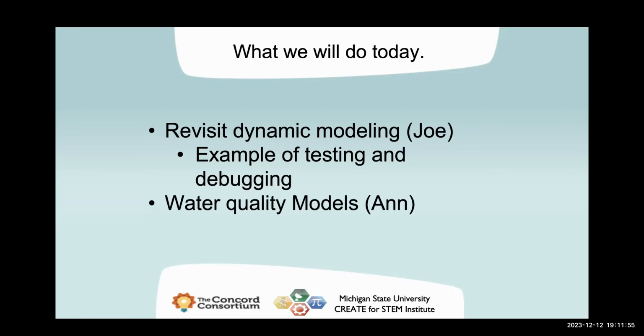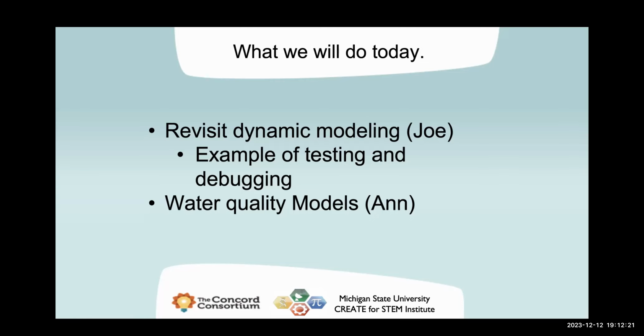The reason why is that dynamic modeling, because of its notion of flow and of things building up, is actually fairly challenging for many learners to focus on. So if you're working in 6th, 7th, or 8th grade, it's probably better to do static.